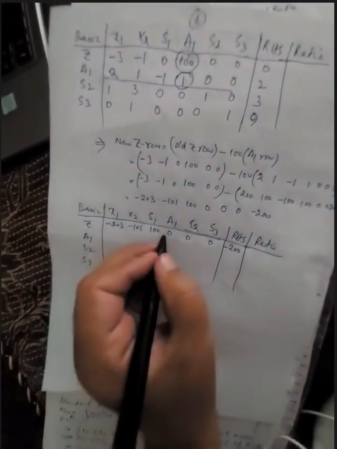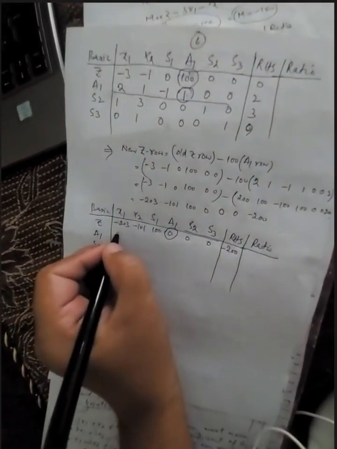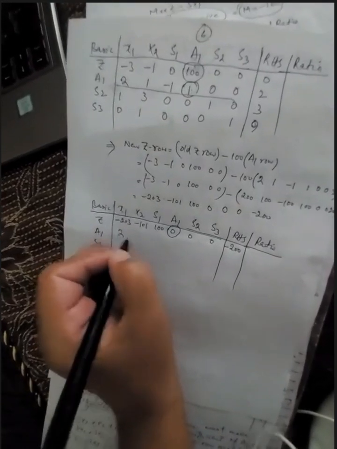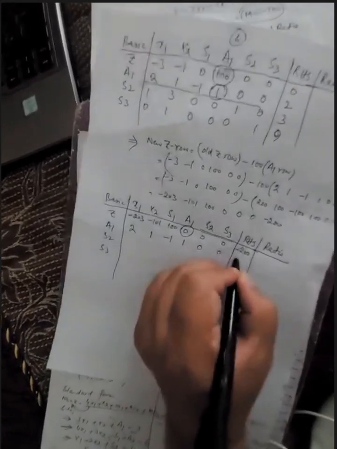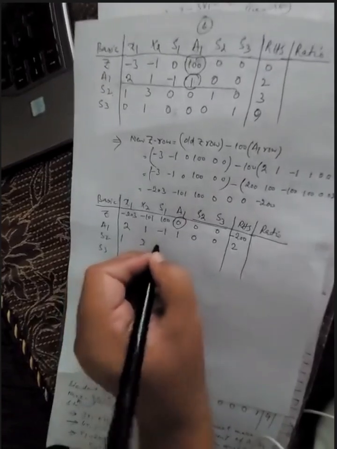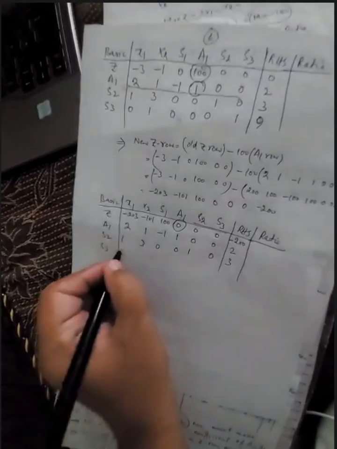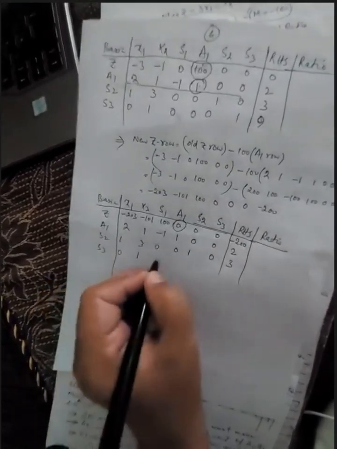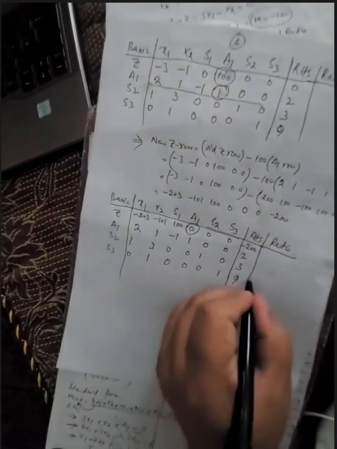You see, we got A1 here is 0. Now the A1 row is 2, 1, minus 1, 1, 0, 0, and 2. S2 is 1, 3, 0, 0, 1, 0, and 3. S3 is 0, 1, 0, 0, 0, 1, and 9.